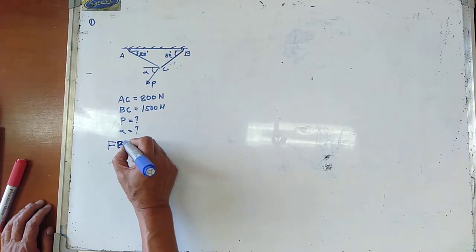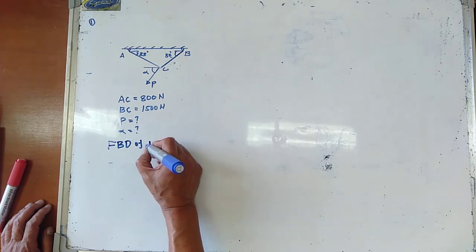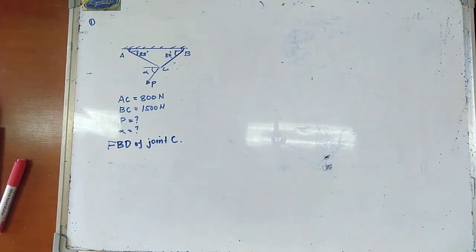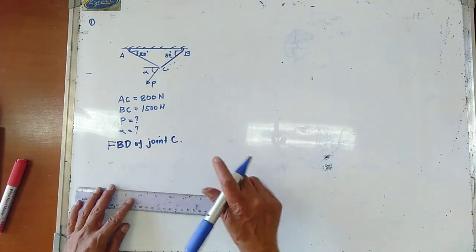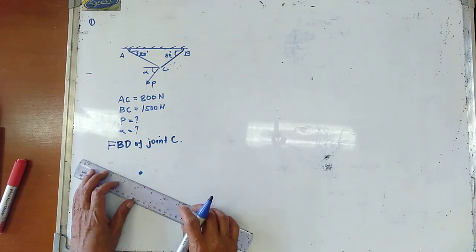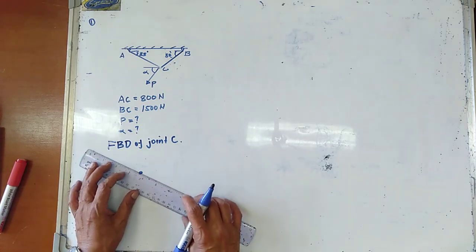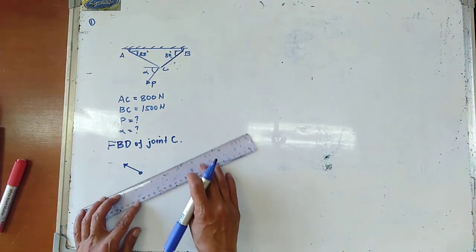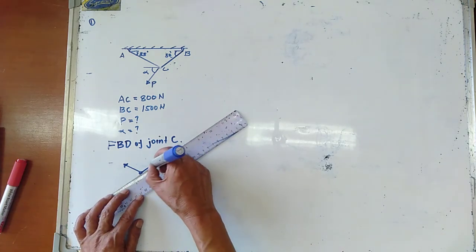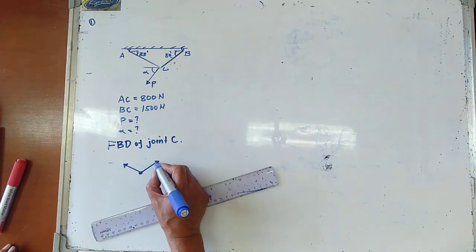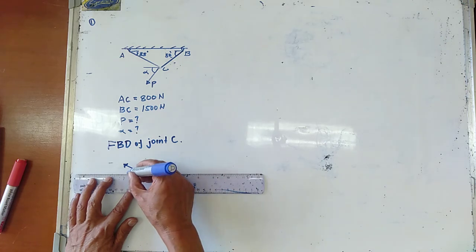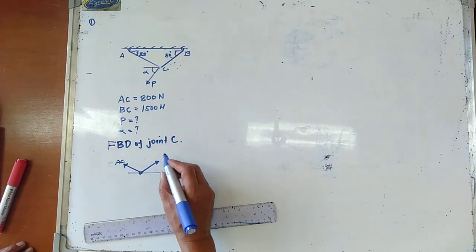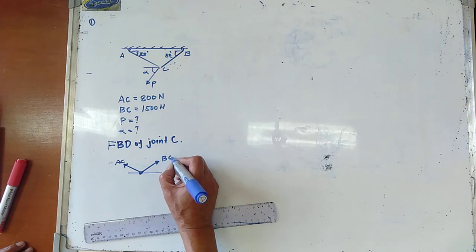So this is the free body diagram of joint C. This is your joint C. So we have your tension in cable AC, and this is the tension in cable BC.